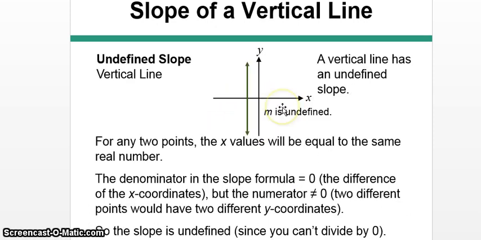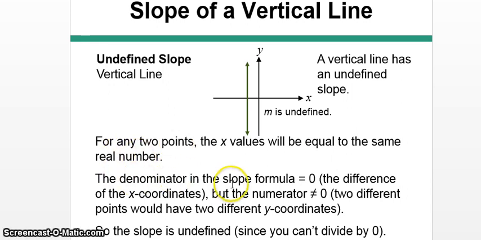Slope of a vertical line. Look at this line, it is a vertical line. Undefined slope for vertical line. A vertical line has an undefined slope. For any 2 points, the x value will be equal to the same real number.